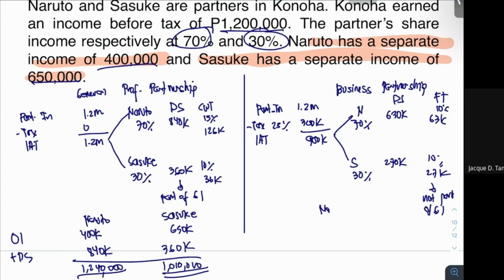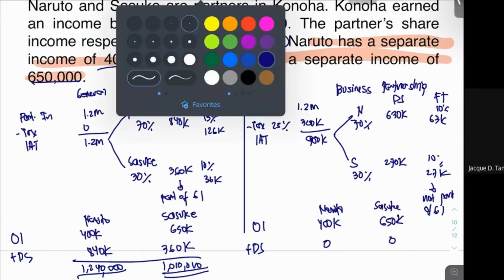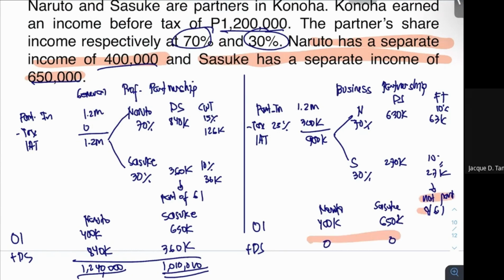So if we plot it, we have here Naruto and Sasuke, with other income plus distributive share. We place the other income of 400 and 650. Then the distributive share will be zero. Why is it zero? Because it is not part of gross income. Take note, a distributive share of a GPP is part of gross income, while the distributive share of a business partnership is not part of gross income.